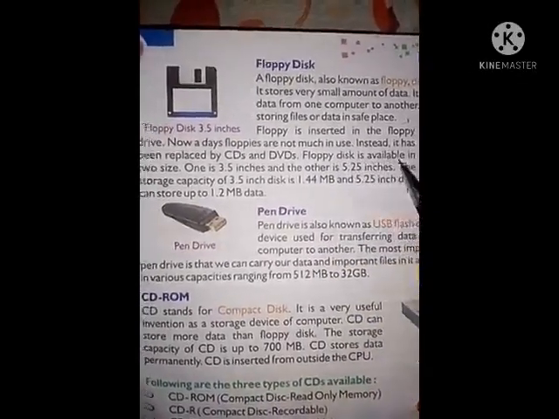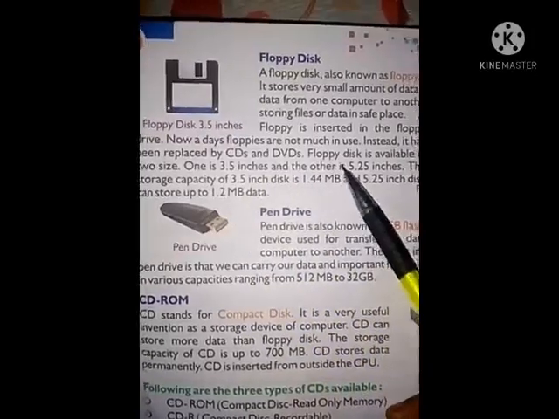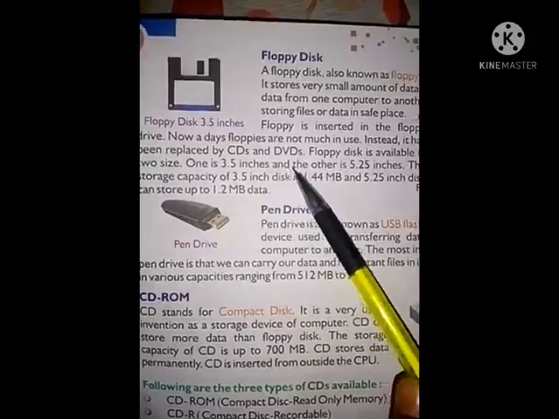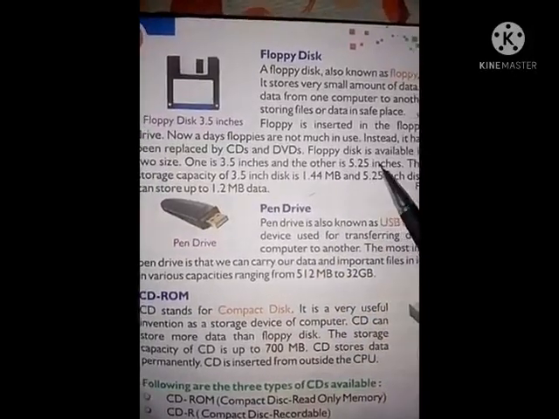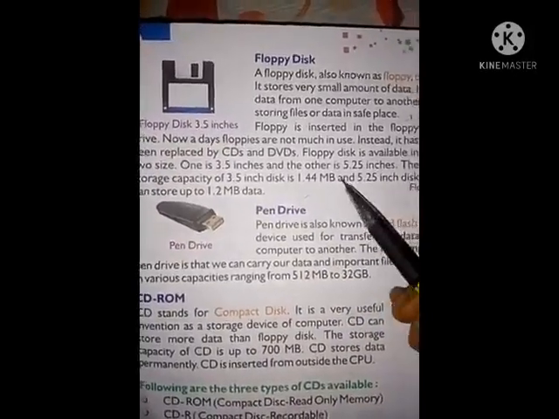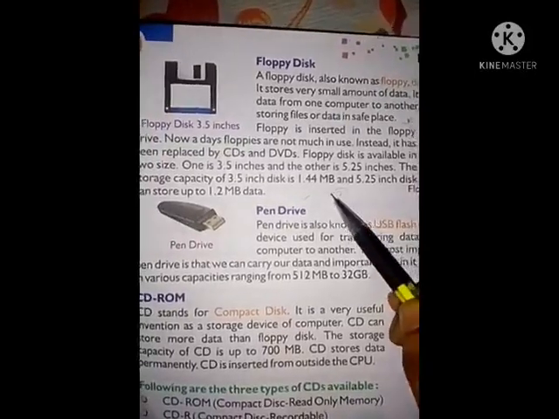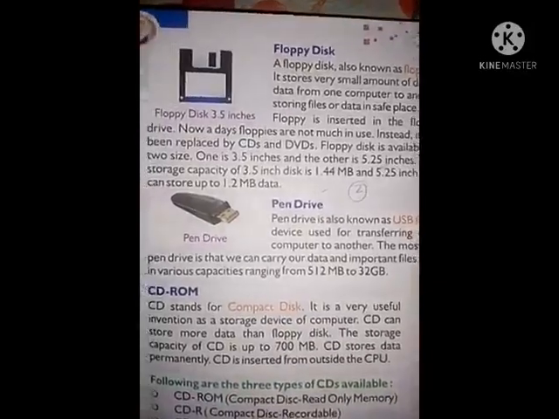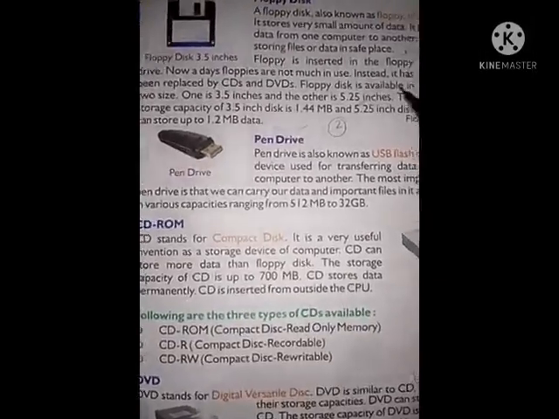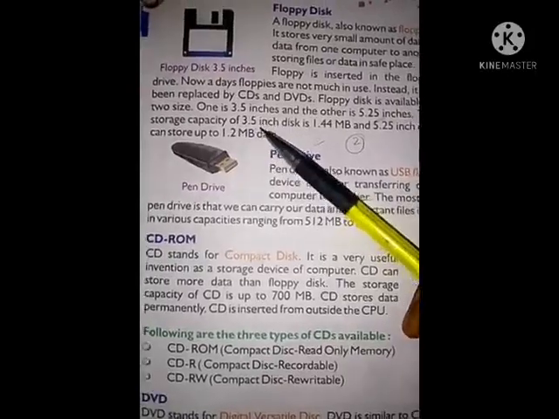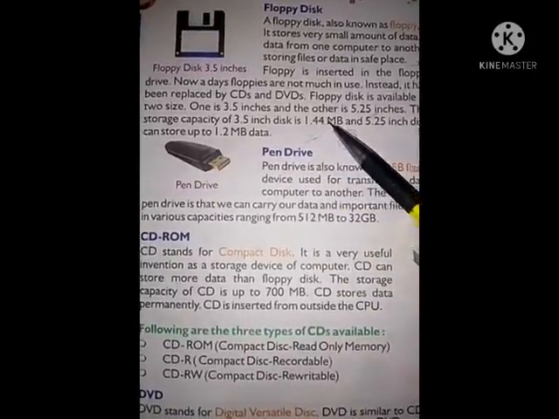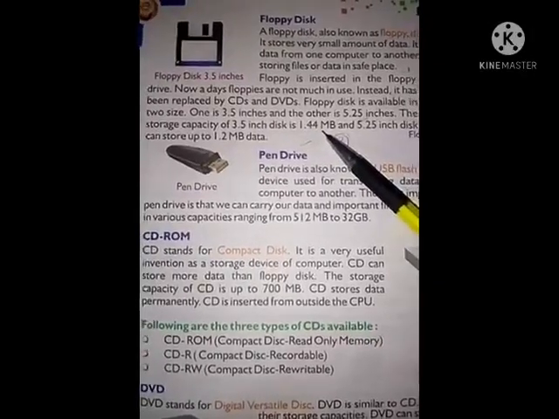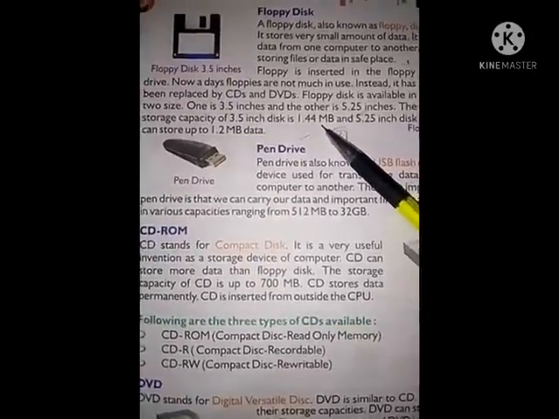Floppy disk is available in two sizes. One is 3.5 inches and the other is 5.25 inches. As their sizes are different, their storage capacity is also different.